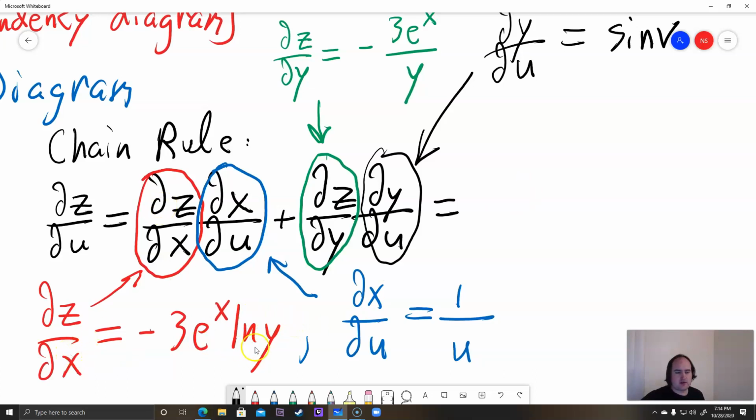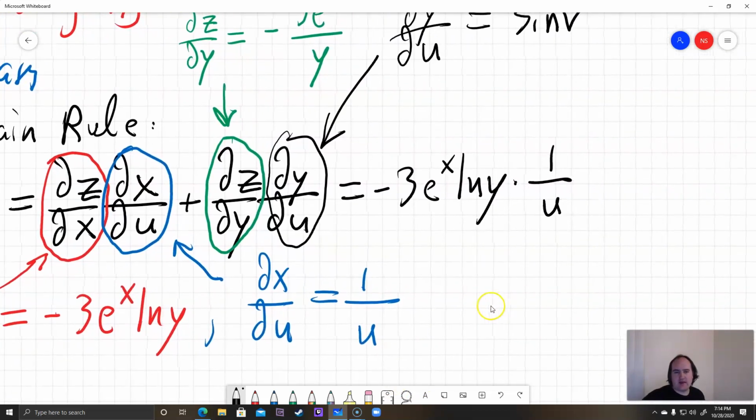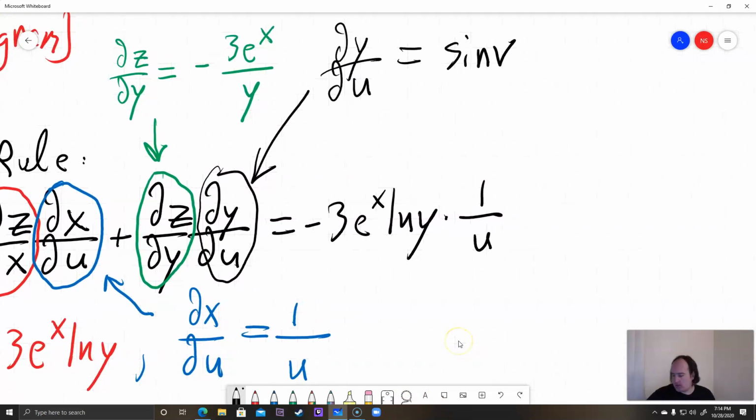So partial z partial x, we said, was negative 3 e to the x times ln of y. Partial x partial u was 1 over u, so this is times 1 over u. Okay, and then we add this to partial z partial y.